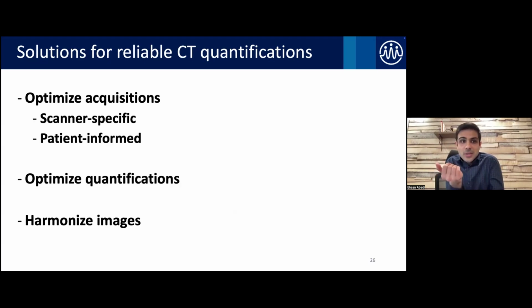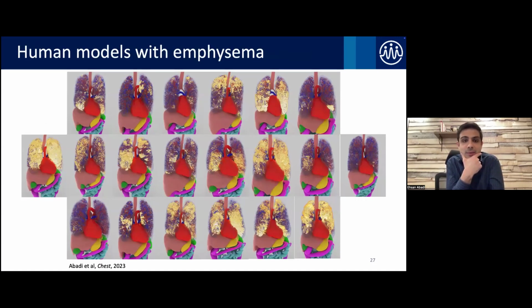And as we discussed, optimizing acquisition was one approach. So this is one of the works where we used our virtual trials tools to answer this. Essentially, we took 20 of our human models with different severity of emphysema. Here you see the yellow regions inside the lung reflect the emphysema models.